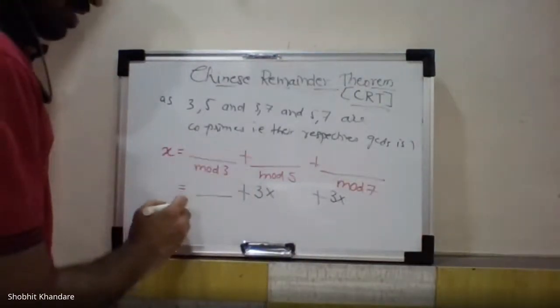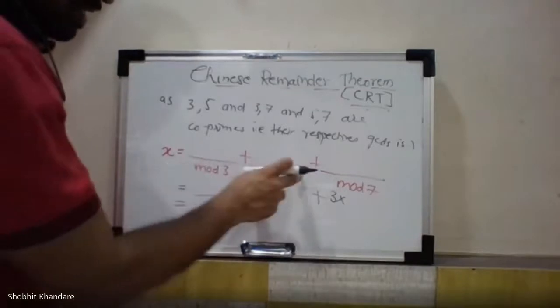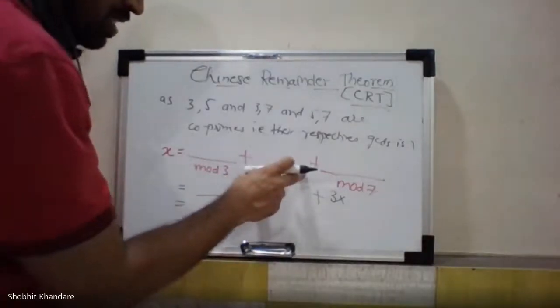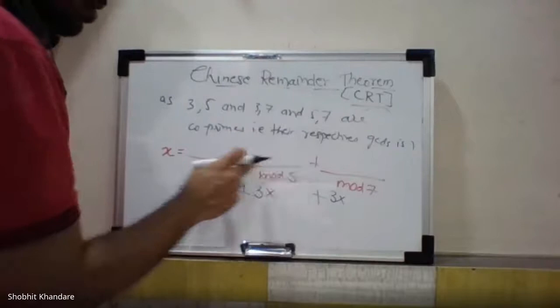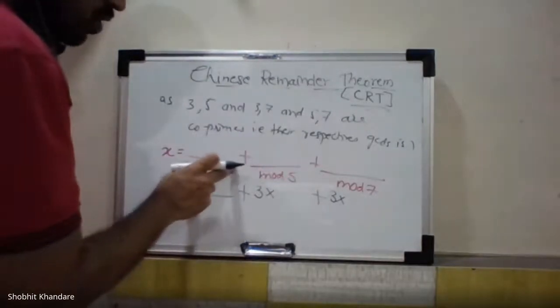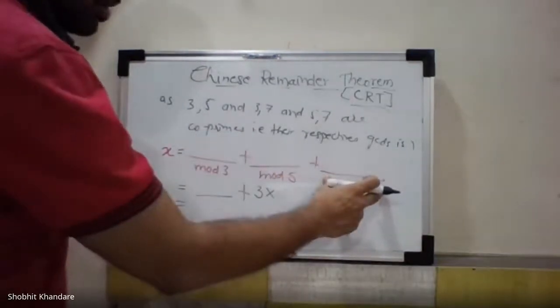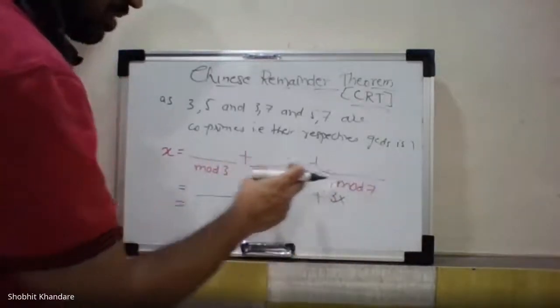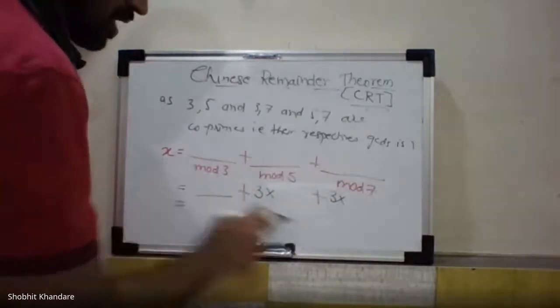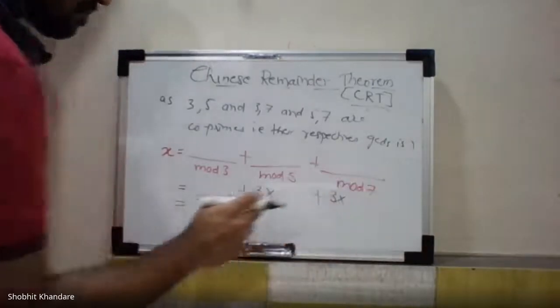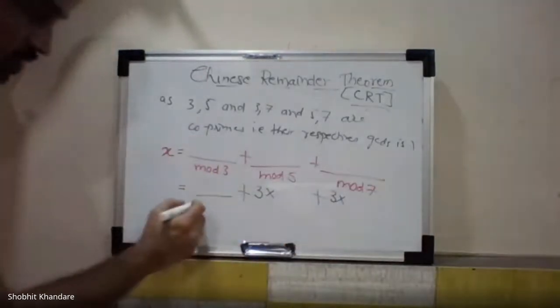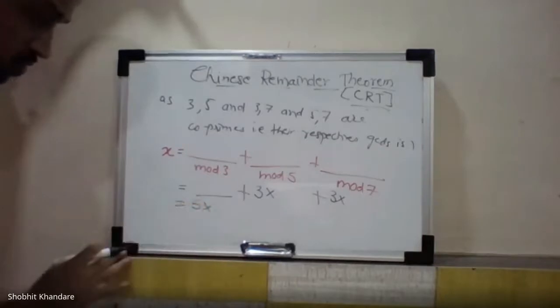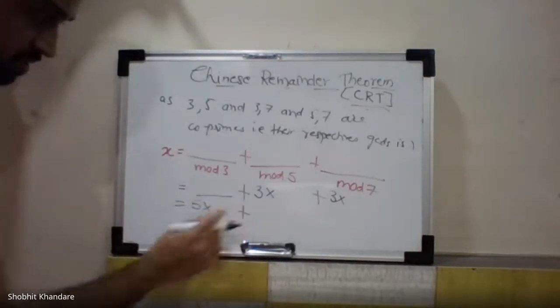Similarly, now the first is done, what about the second? If I want to consider the second term, I have to ignore first and third. So that time you have to multiply first term and third term by 5. So if I multiply by 5, then it becomes 5 into plus.